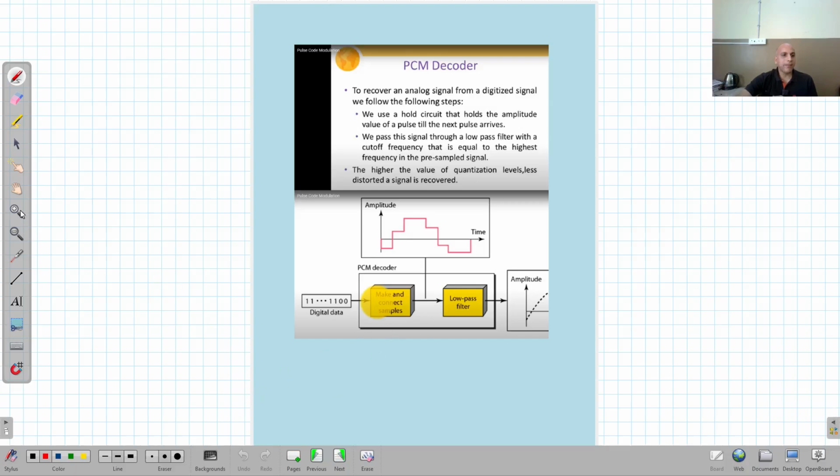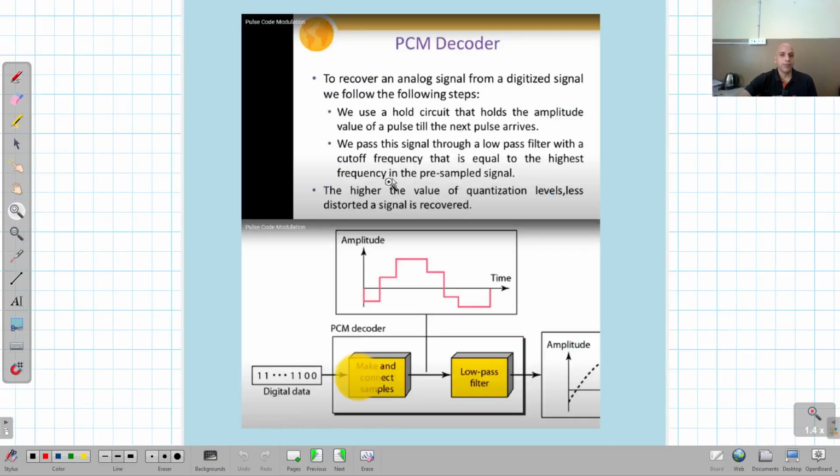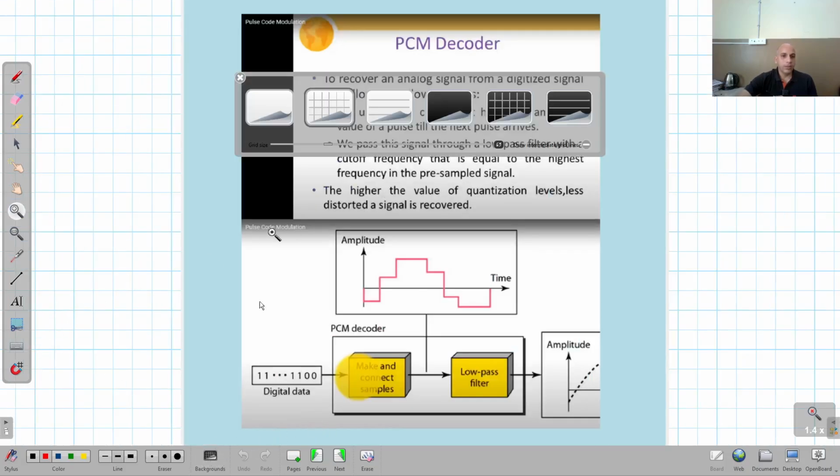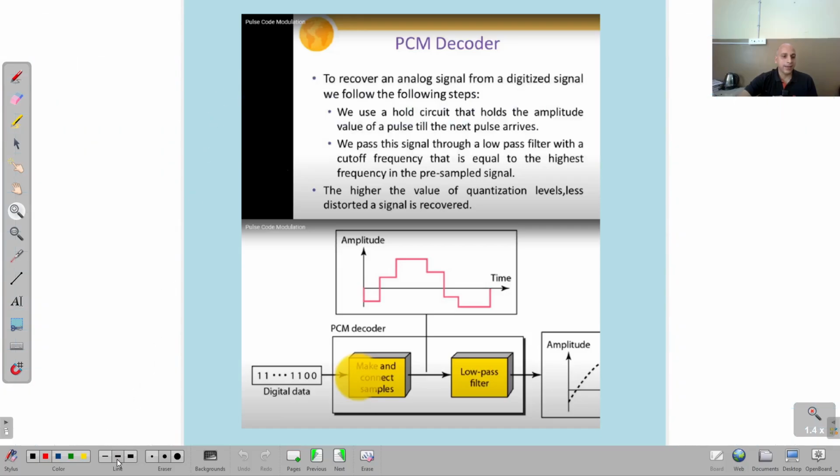Now, the next step is PCM decoding, right? As I told you, when the signal is recovered at the other end, it is decoded, and the original information is recovered. For PCM decoding, the circuit that is commonly used is a sample and hold circuit.